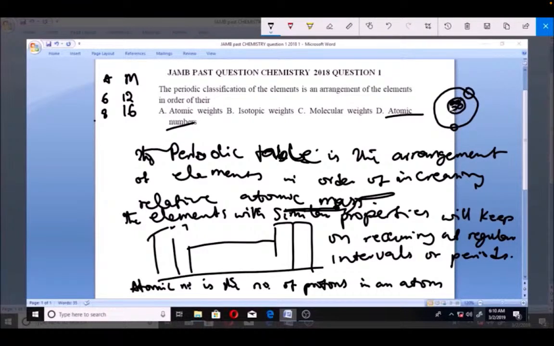So the arrangement in the periodic table is actually according to their atomic numbers. In this case, you have atomic masses, and atomic mass is also a function of the atomic number. So it is atomic weight, it is not molecular weight. So the right option is D, atomic numbers.